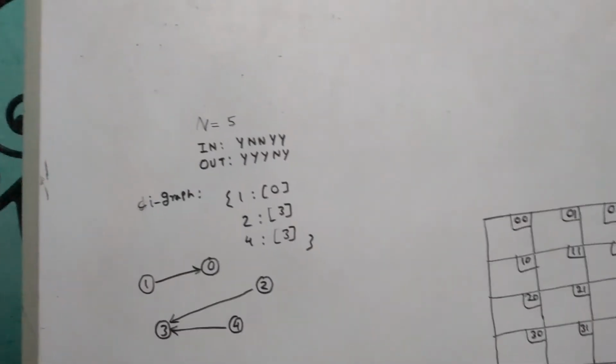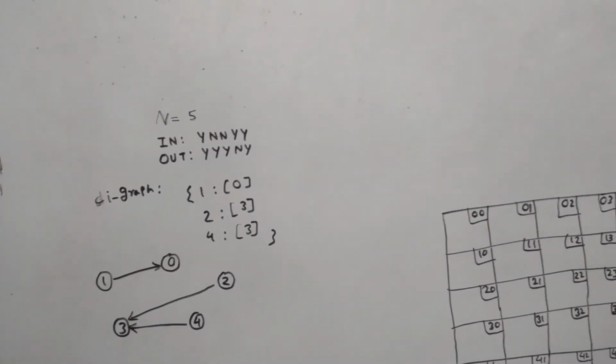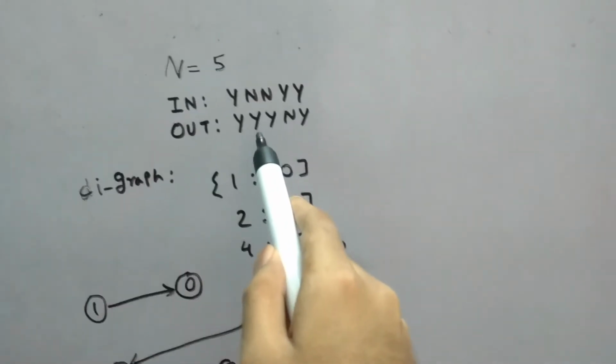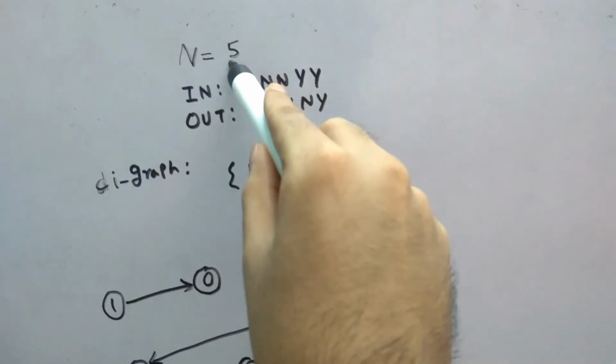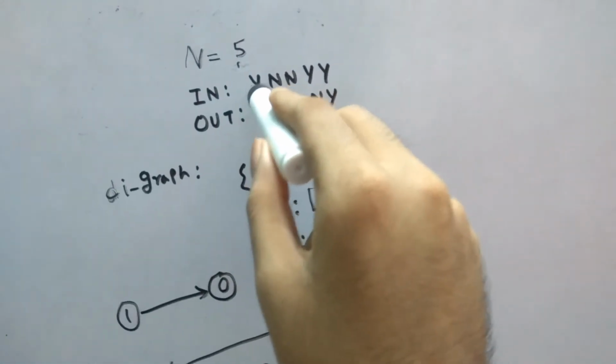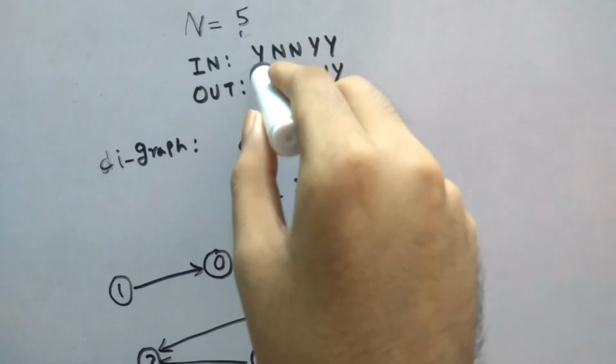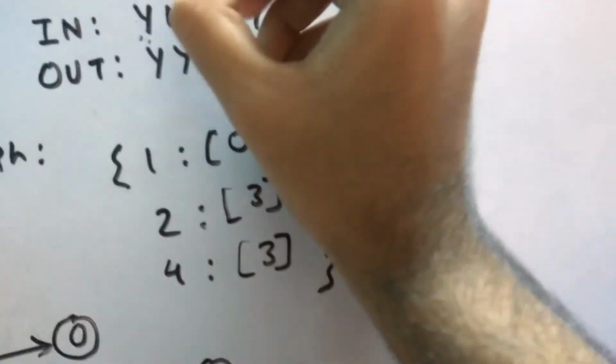So here on the whiteboard, let me once again explain the problem. What it is exactly asking is, we will be given this input string and this output string, and this length is n. This signifies how many cities we have. Let me index them 0, 1, 2, 3, 4.